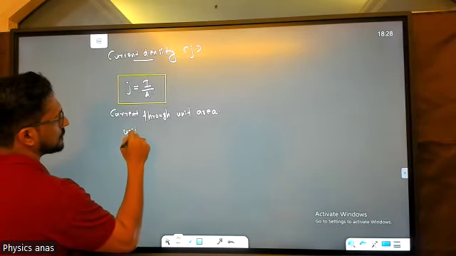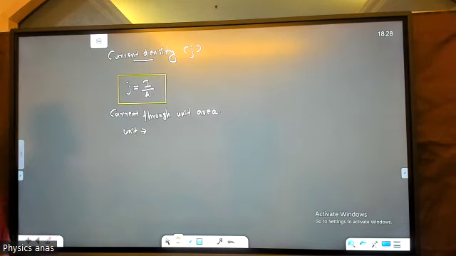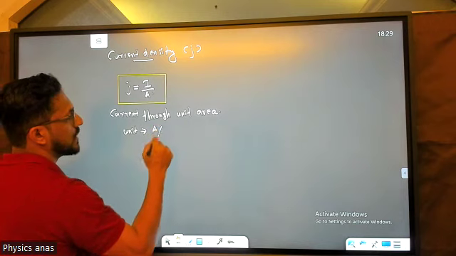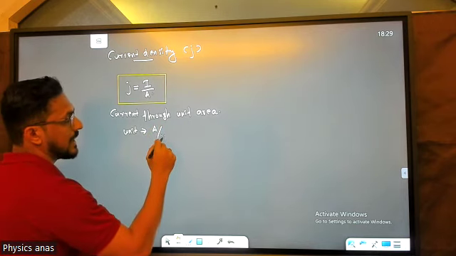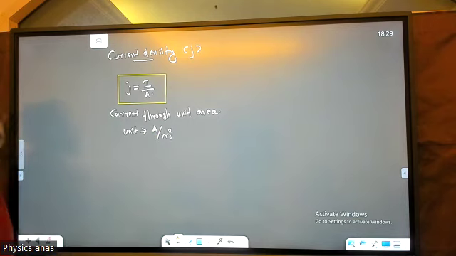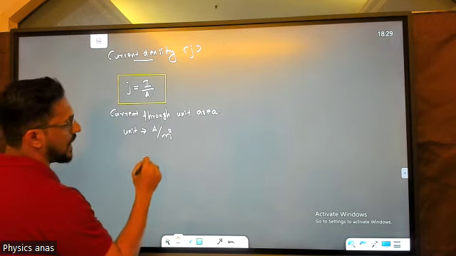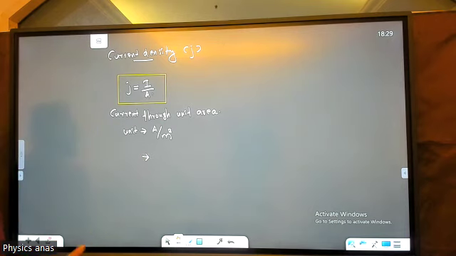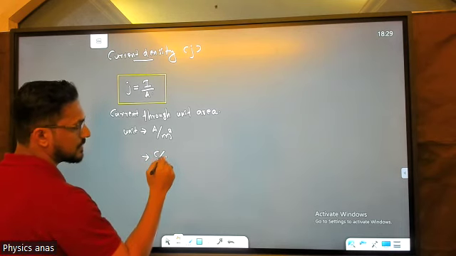Unit of current density will be what? Here you have ampere divided by A, which is area in meter square. Ampere per meter square is one unit. Or you can have another unit also. Current has one unit: coulomb per second.